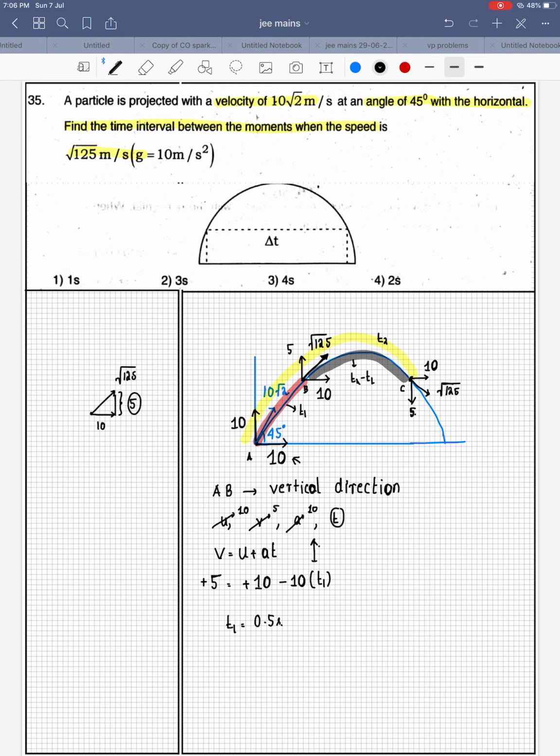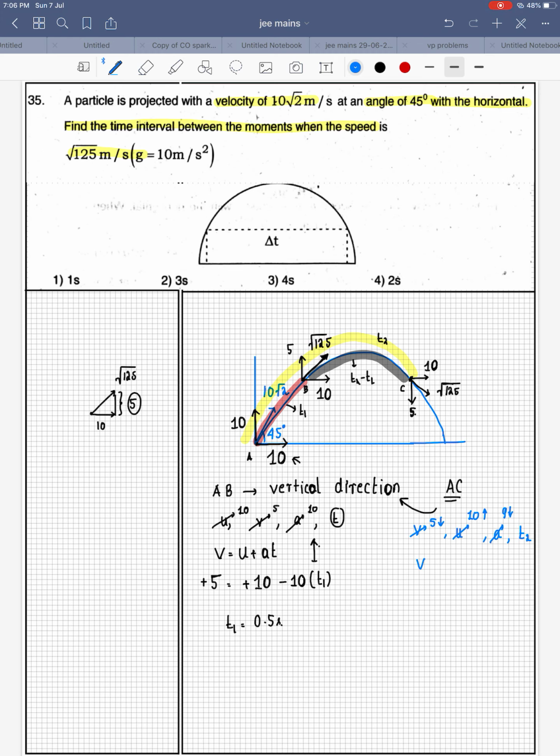Similarly, if you consider interval AC, again in the vertical direction, you have v, which is 5 downwards, u at a, which is 10 upwards, and acceleration g downwards, and you want time t2.